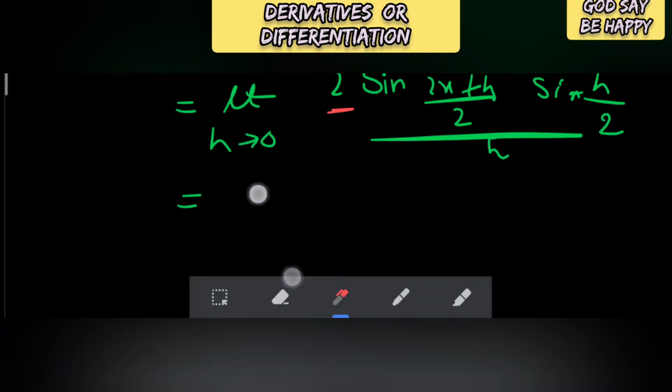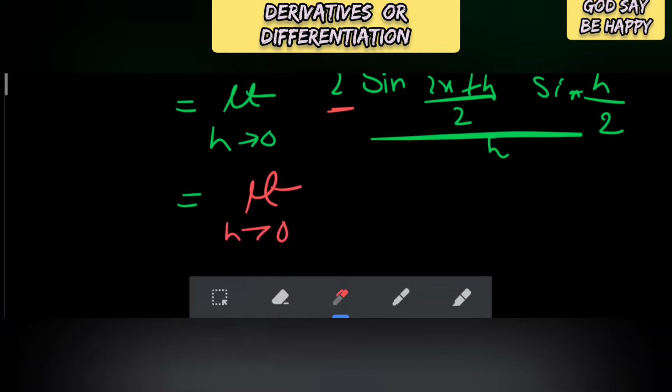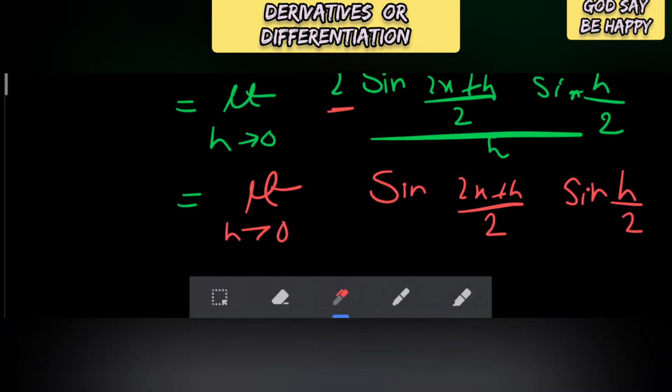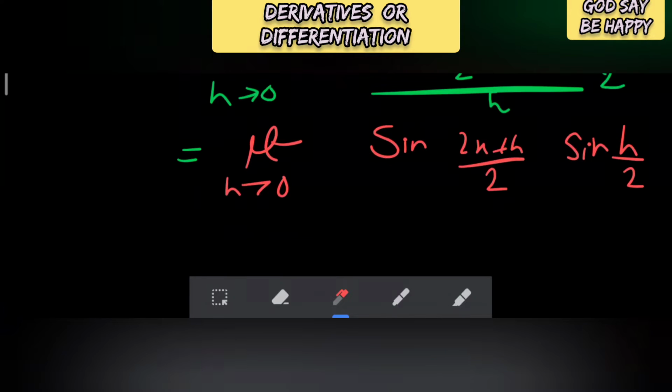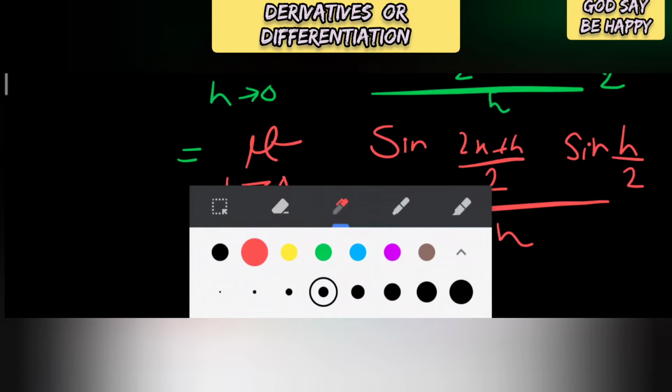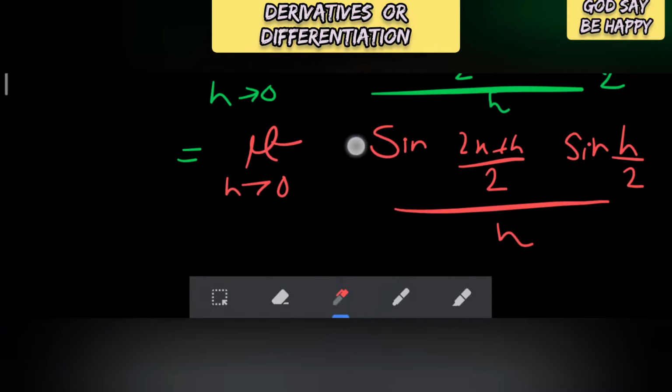So limit h tending to 0, sin((2x + h)/2) sin(h/2) upon h, and put minus over here.